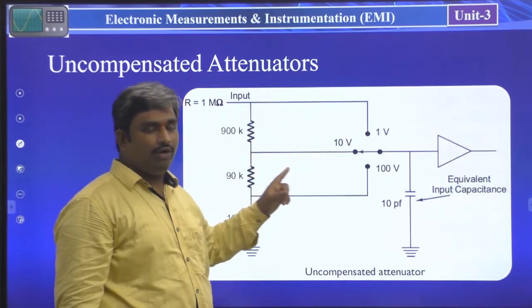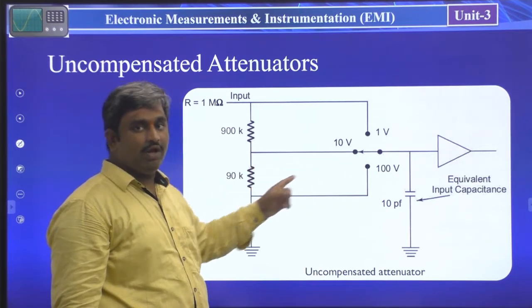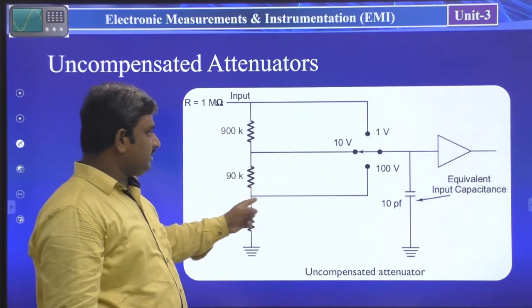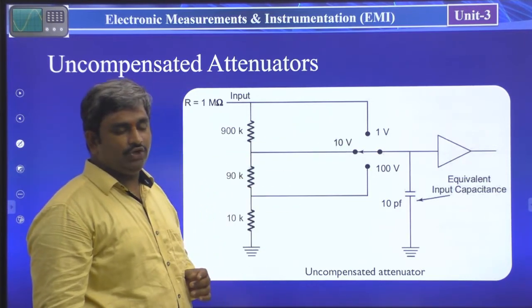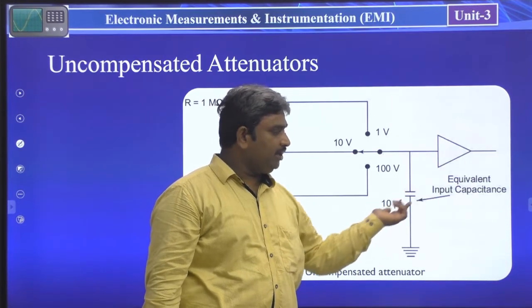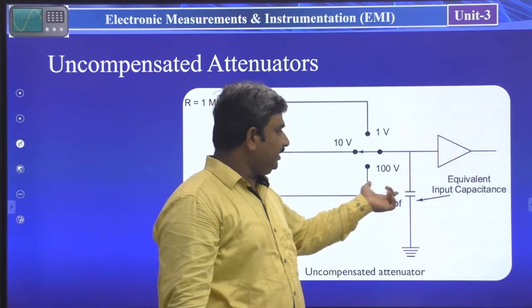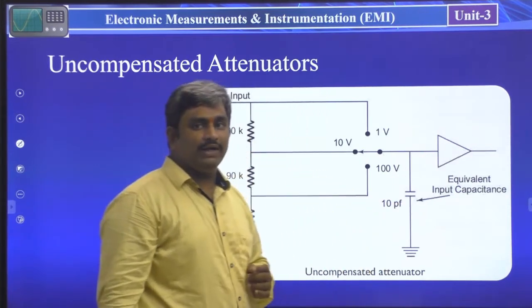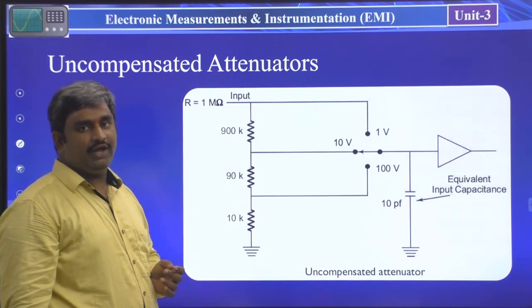Here it is 1 volt through the 900 kilo ohm resistance, then 10 volts, and at the last stage 100 volts. These are the three input signal attenuation levels you can see here, with an equivalent input capacitance of 10 picofarads connected to the final vertical amplifier. So this is an example of an uncompensated attenuator.